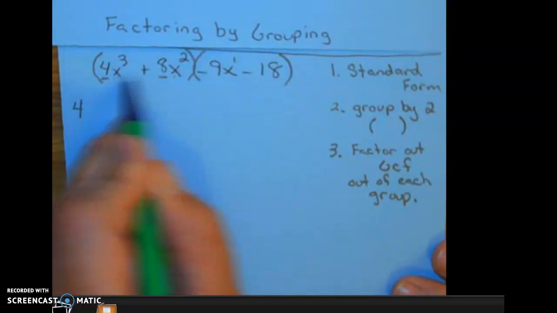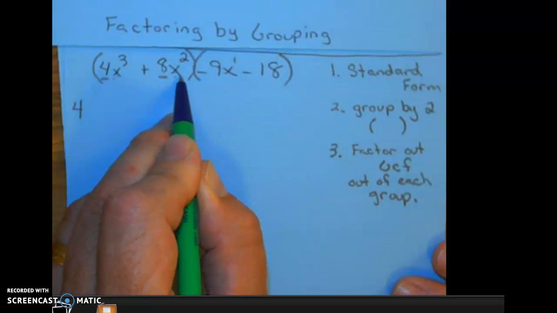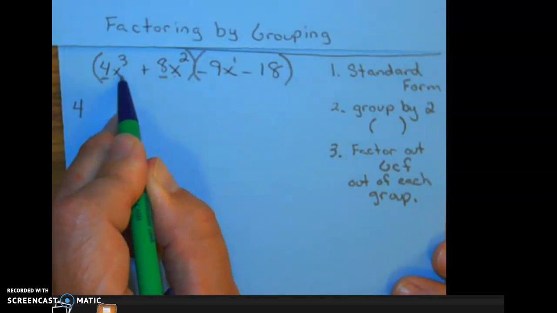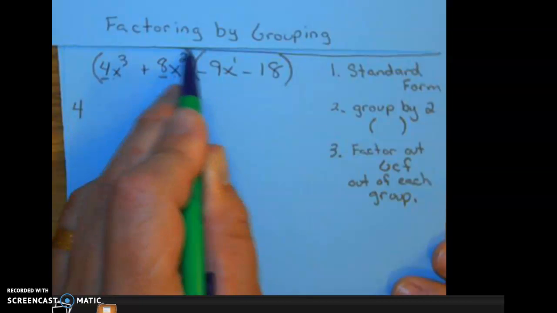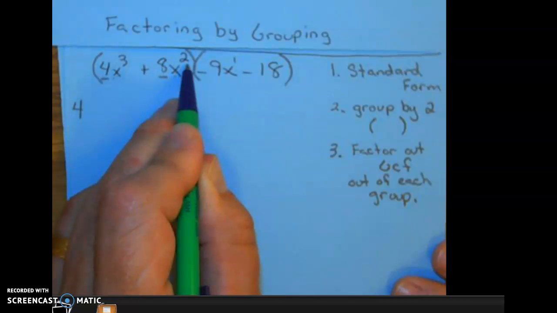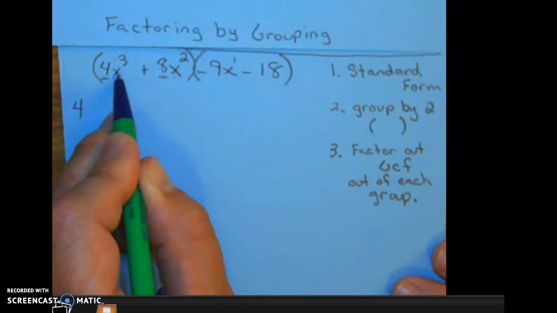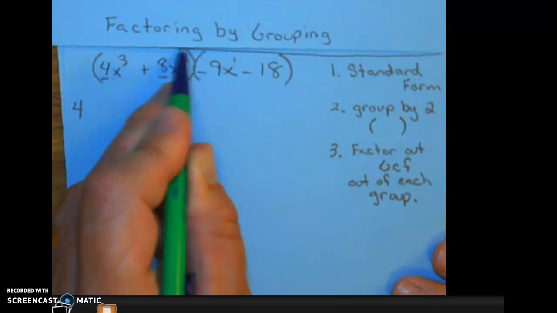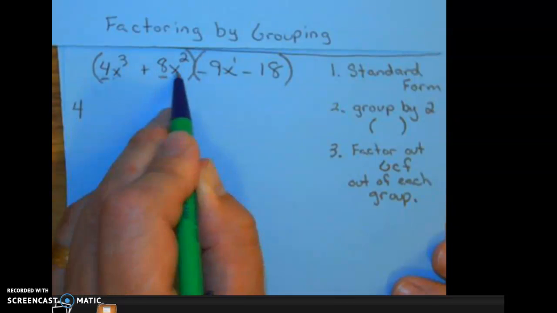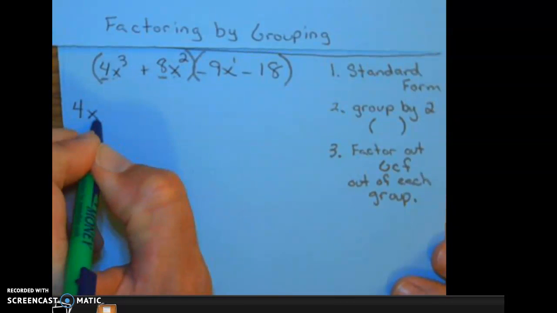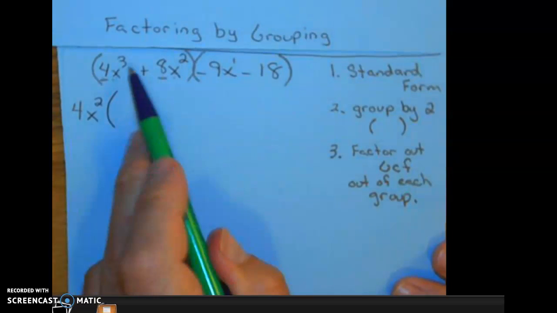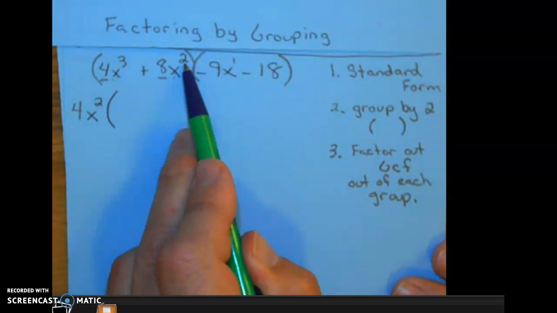We could take 1 from both. Could we take 2? Yes, we have 3 of them here, and 2 here. Let's try 3. Can we take 3 from this one? Yes. Can we take 3 from this one? No. So the most x's we could take is 2. So we're going to take 2 from both, because here we have 3 and here we have 2.